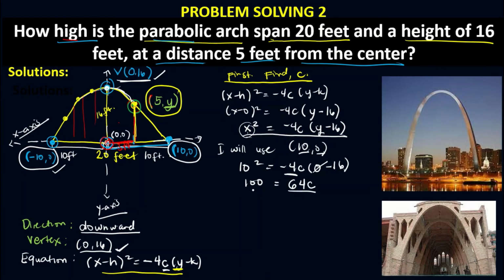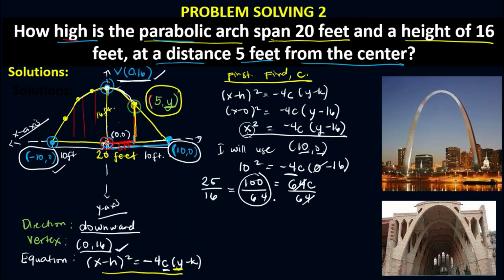Okay, and then divide both sides by 64. So, cancel. So, c is equal to 100 over 64. Or we can simplify this as, anong simplified form of 100 over 64? So, we can simplify this as 25 over 16.